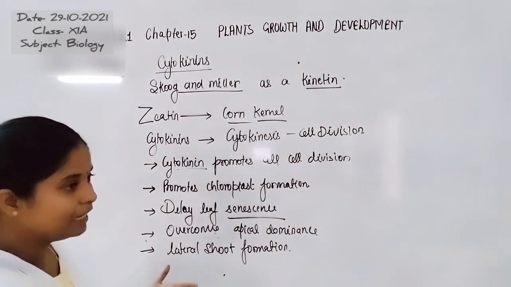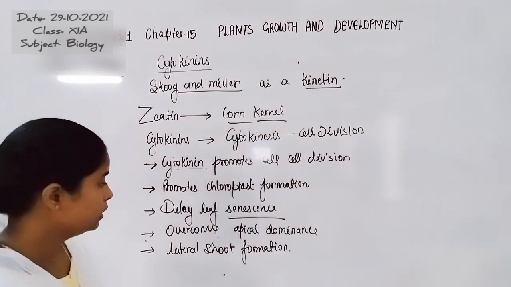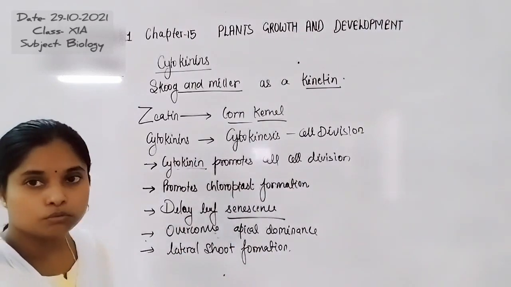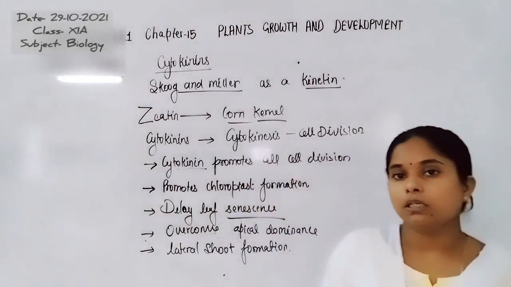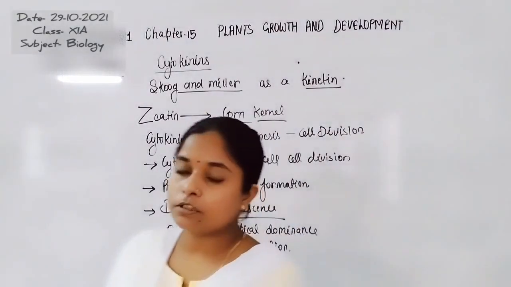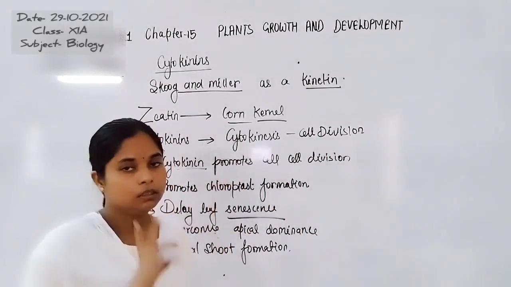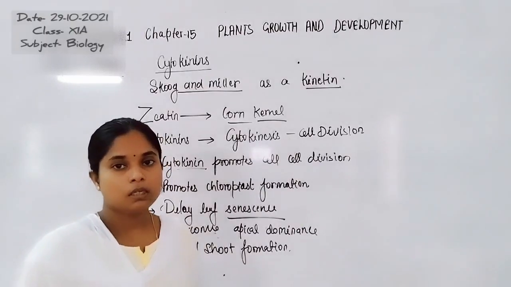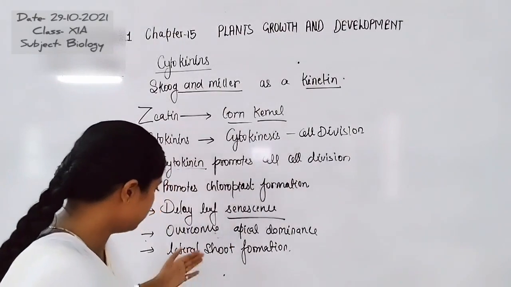Now, they overcome the apical dominance. Apical dominance is created by the auxin. Auxin present in the shoot carries out shoot elongation, and due to this the lateral branches are not produced by the plant. If we cut the shoot apex, then after removal of auxin the plant gives rise to lateral branches.